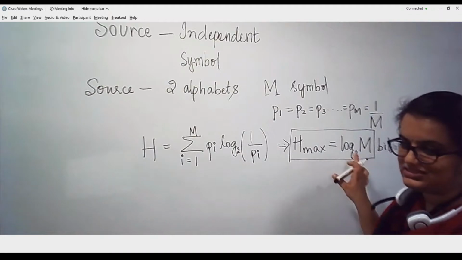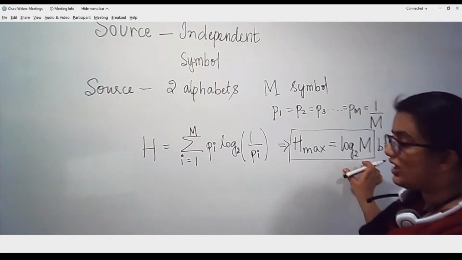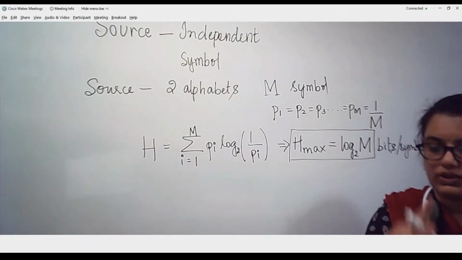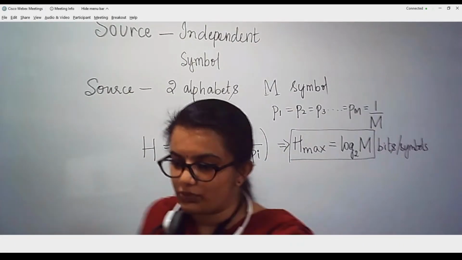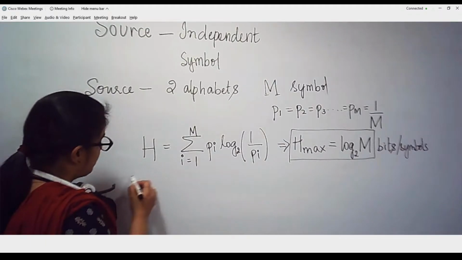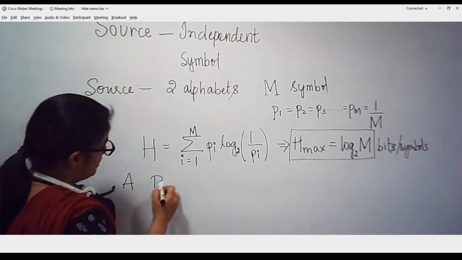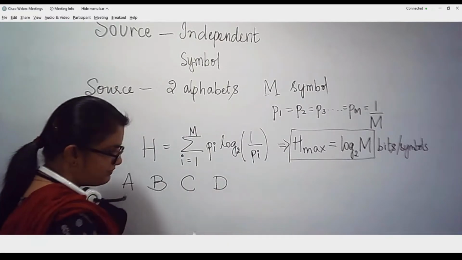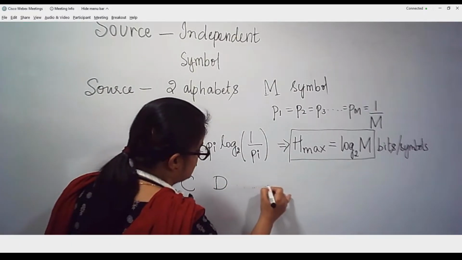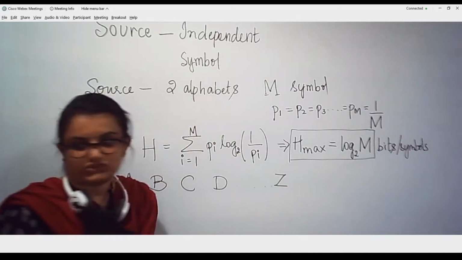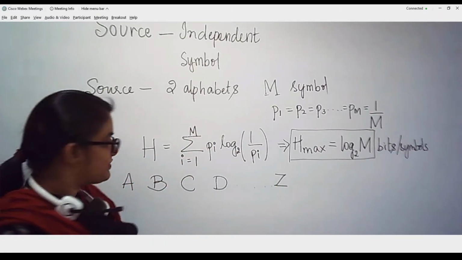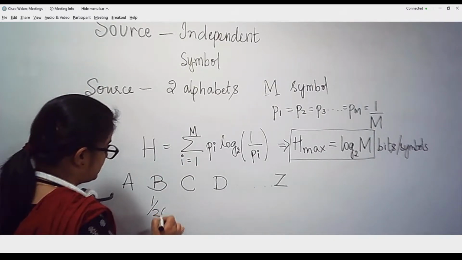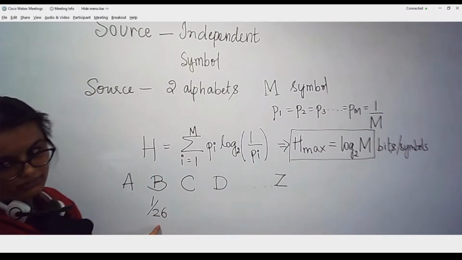Therefore, this gives us a scenario where I am going to make use of the largest number of bits to represent one alphabet, which is quite obvious. That is what I told you yesterday. When I have A generated independent of B, independent of C and D, and so on, if I extend the independent appearance of the alphabets till Z, then I have 26 such characters. The probability of occurrence of each one of these will amount to 1 by 26.